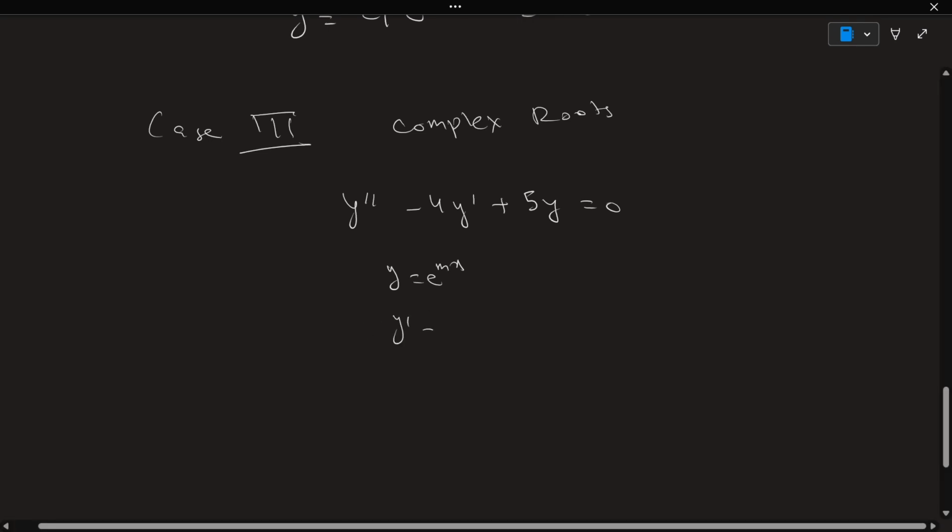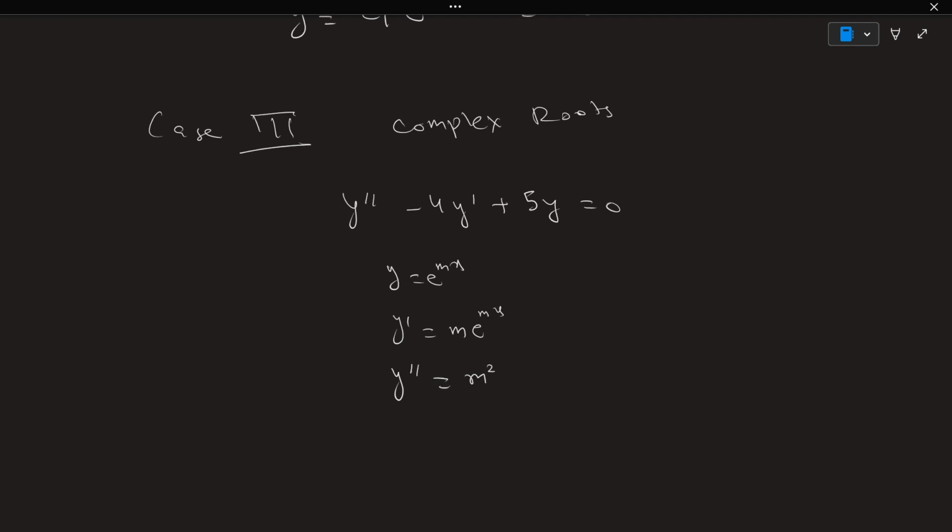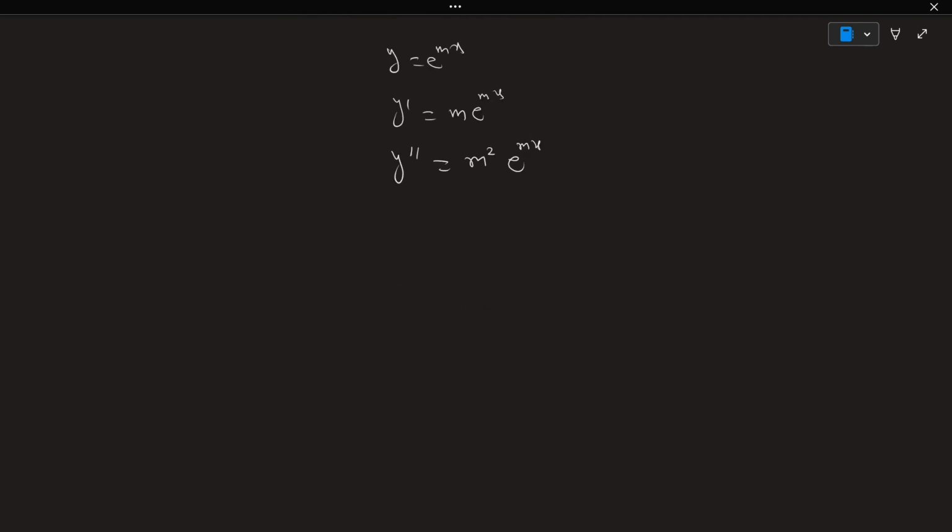So y prime will become m e raised to power mx, and y double prime will become m square e raised to power mx. So after substituting these values and simplifying our equation, we will get e raised to power mx into m square minus 4m plus 5 is equal to 0.